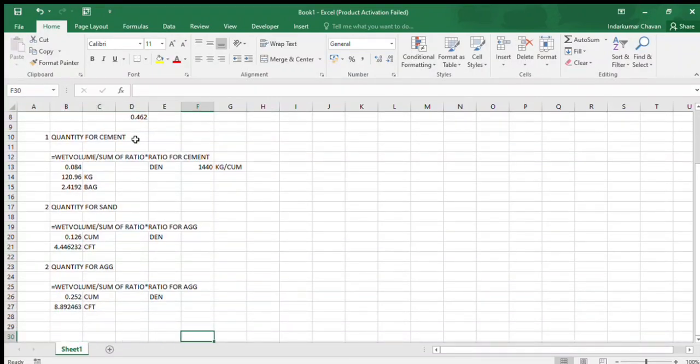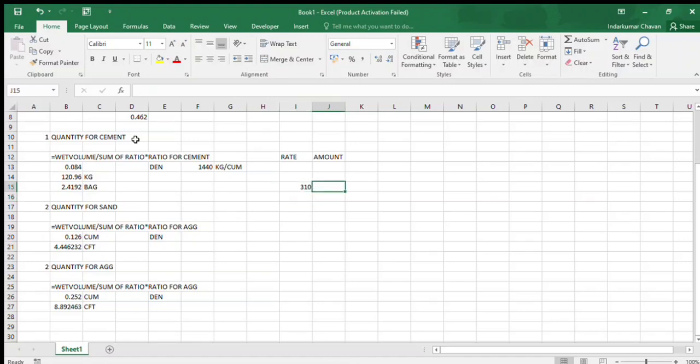So now I will calculate the rate for particular things. Here I will just prepare the format for the particular material, and this is my amount. If you check, the rate for cement excluding GST is 310 rupees, right?